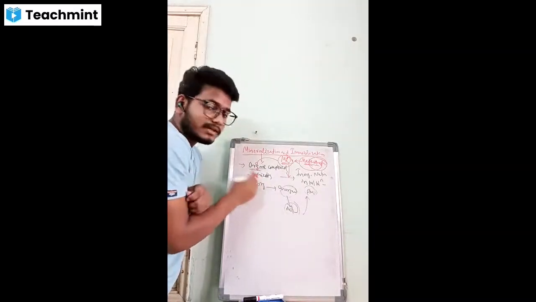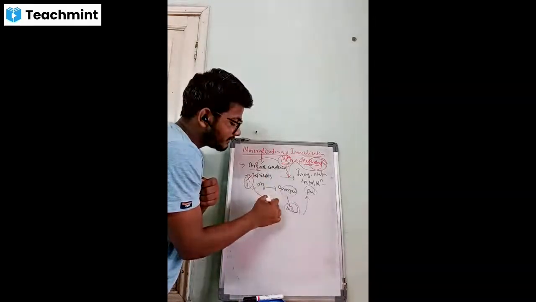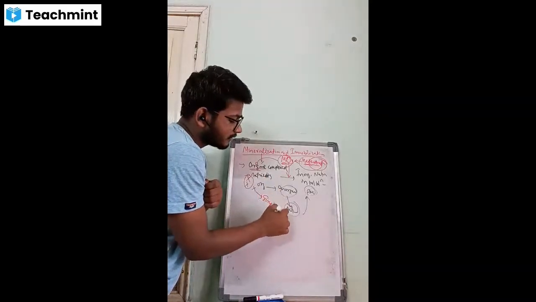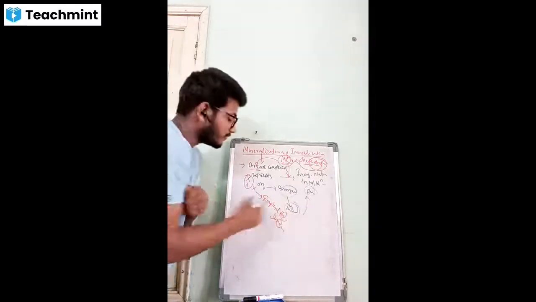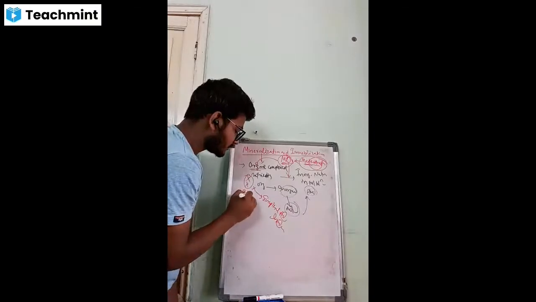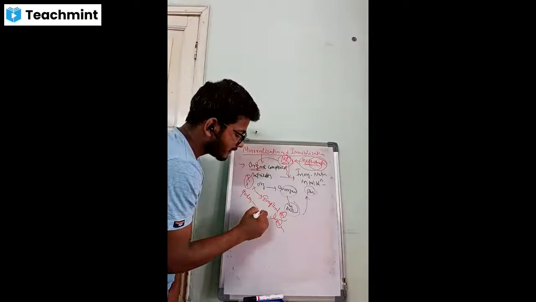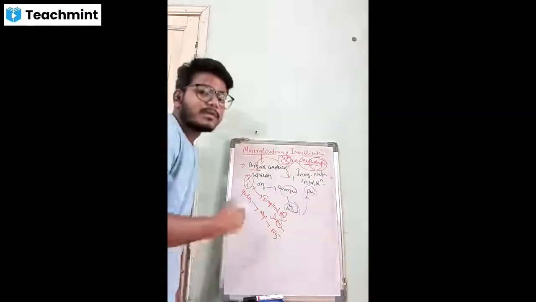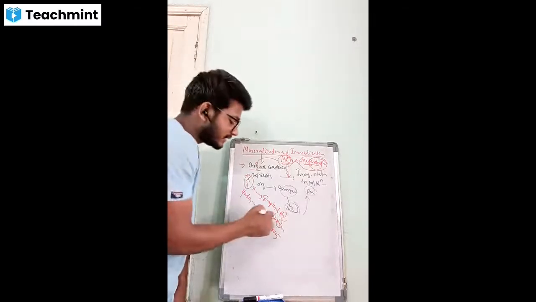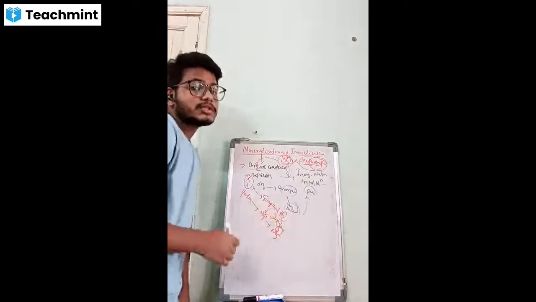The complex organic molecules are broken down and converted to a simpler form, which is the inorganic form. For example, when proteins break down, they give NH4+ and nitrate forms of nitrogen. These two are available to the plant.